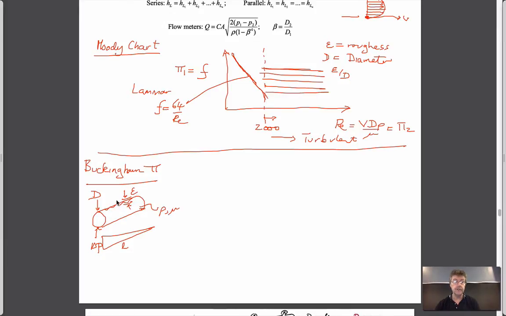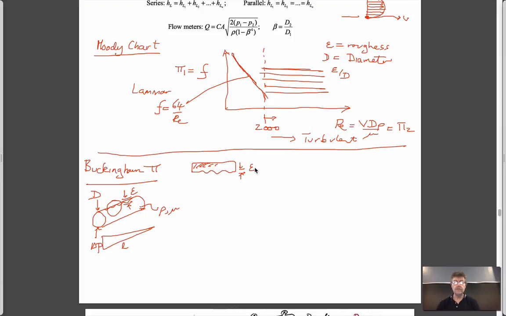So in other words, if you took this and you looked at the surface of the pipe would look like this. And it's this height here, which we'll always call epsilon. And that will describe our system.